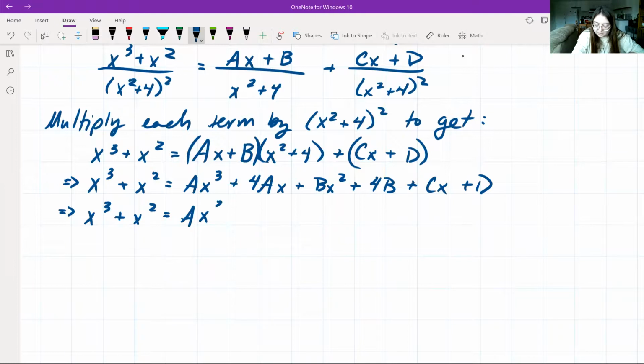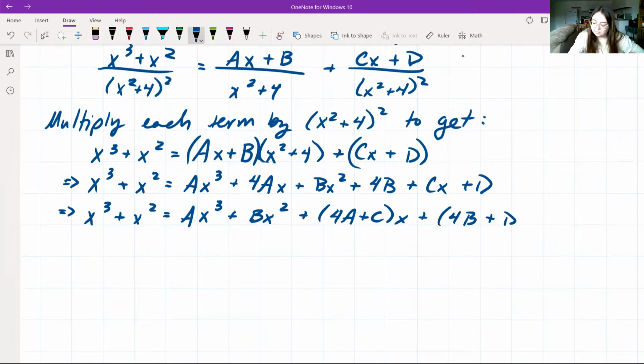When we collect our terms, we're still left with ax to the power of 3 and bx squared. But now we also have 4a plus c times x and 4b plus d. So we've collected our terms.